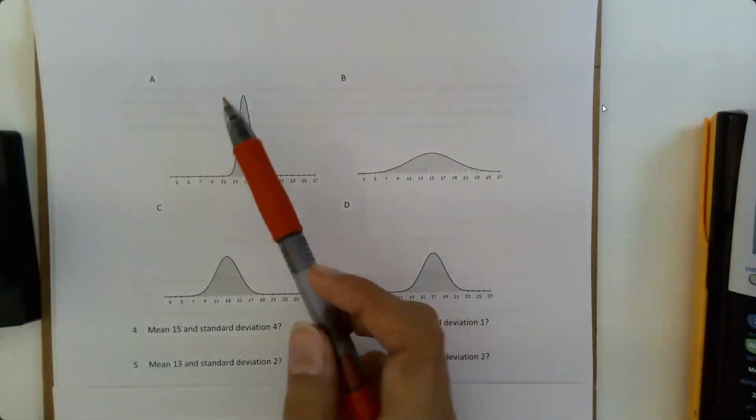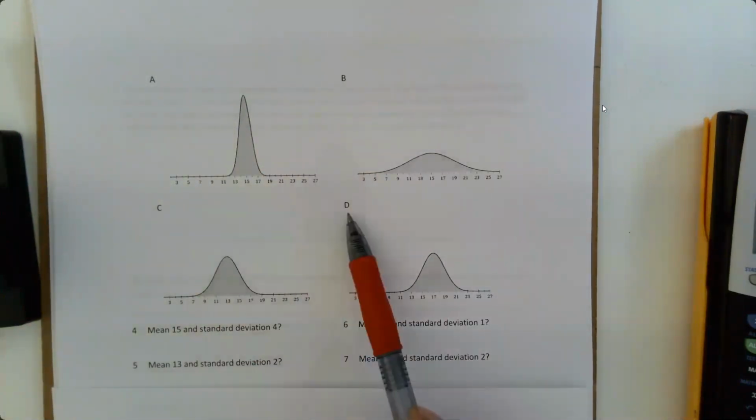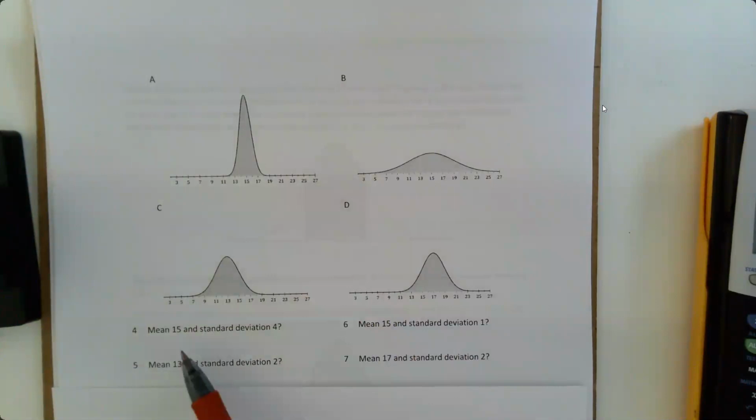We have graph A, graph B, C, and D. We have these distributions with mean 15, standard deviation 4, mean 15, standard deviation 1, mean 13, standard deviation 2, mean 17, standard deviation 2.